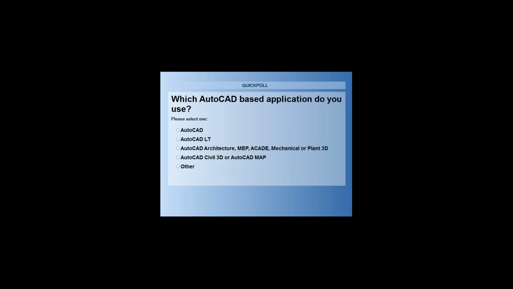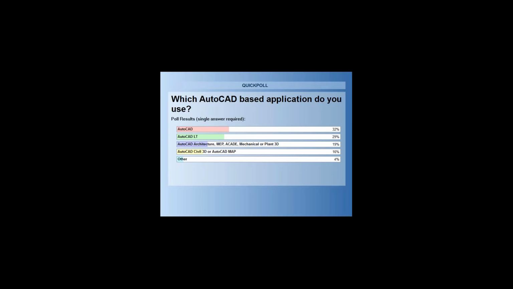It's almost tied with AutoCAD LT. We're going to close that one and let you see what the results were. Quite a mix of an audience, 19% with the verticals. Actually, it's more like 35% with the verticals because Civil 3D and Map are included in that, and then 4% using other. Could be anything, right? Inventor, Revit, maybe even some other company's application. Obviously, we hope they're Autodesk applications, but we need to get the job done.